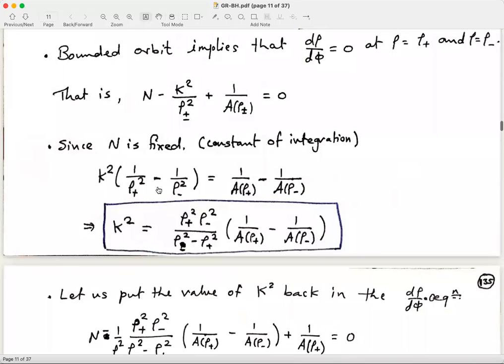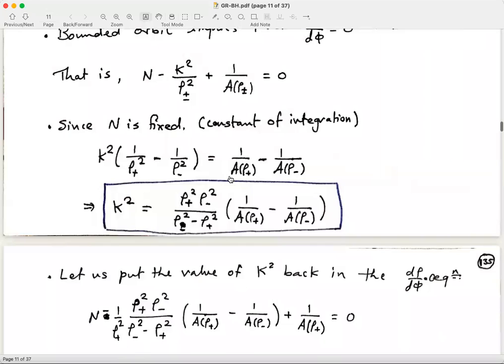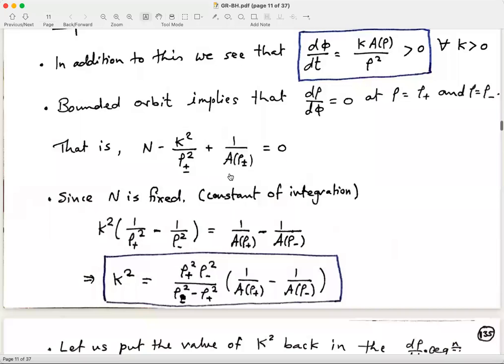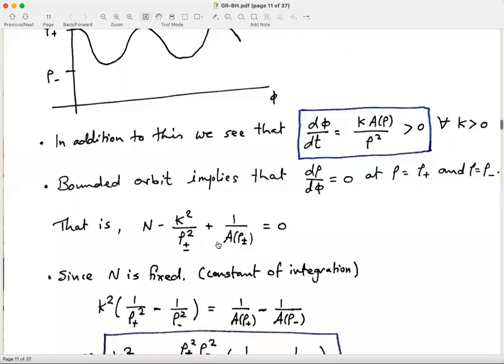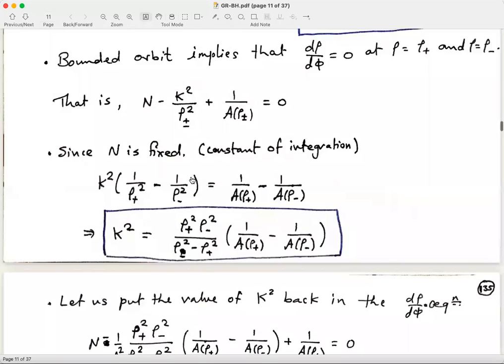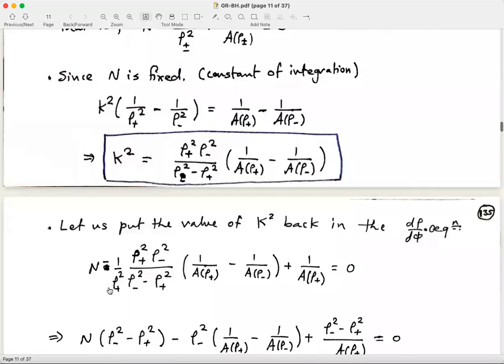This is a kind of trivial thing: you just take a common denominator and invert this entire expression on the right hand side. Once you have determined k squared, we can put it back into this equation, or even here.